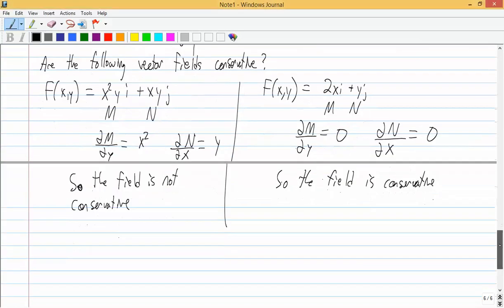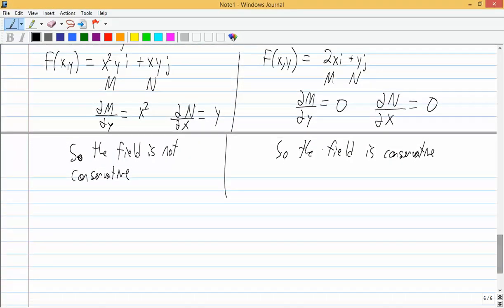Now, how can we find a potential function for a given field?